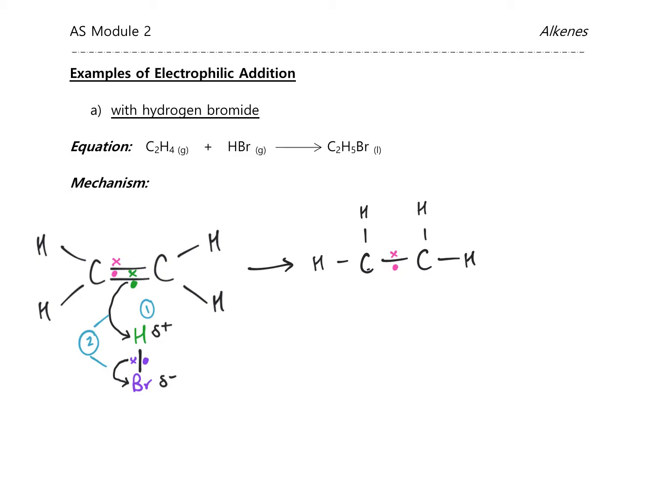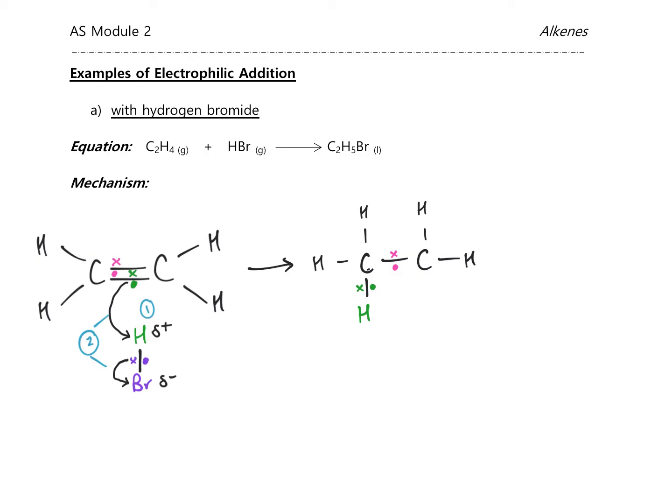And let's think about what bonds have formed now. In this case, it doesn't matter which carbon atom you draw it on, but I'll draw it on the one on the left. The bond that has formed is between a carbon atom and the hydrogen atom of the electrophile. And how we form that bond is with the electrons from the original pi bond of the carbon-carbon double bond. I'm just representing that by using green electrons so that you can show what electrons have been used to form that bond.